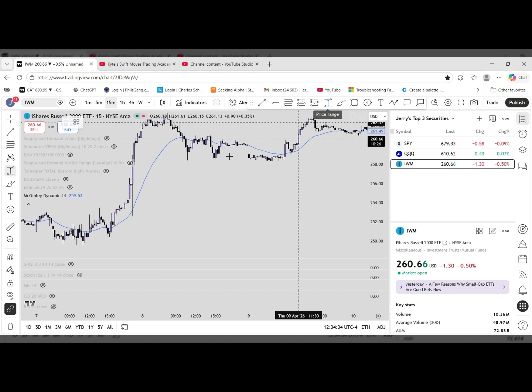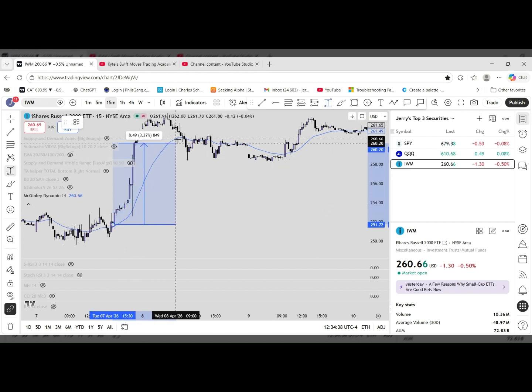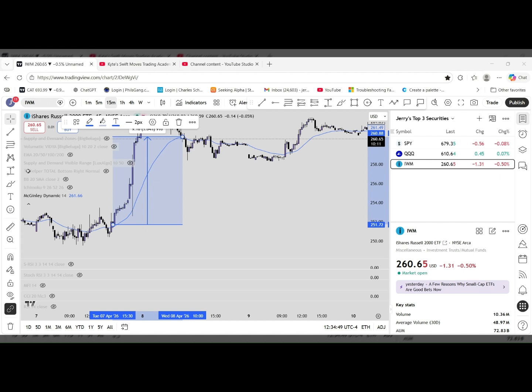Again, let's take a look. If you jumped in here and rode it out until it crossed again, you're looking at a $9.16 change in price. Let's say the 0.25 delta.